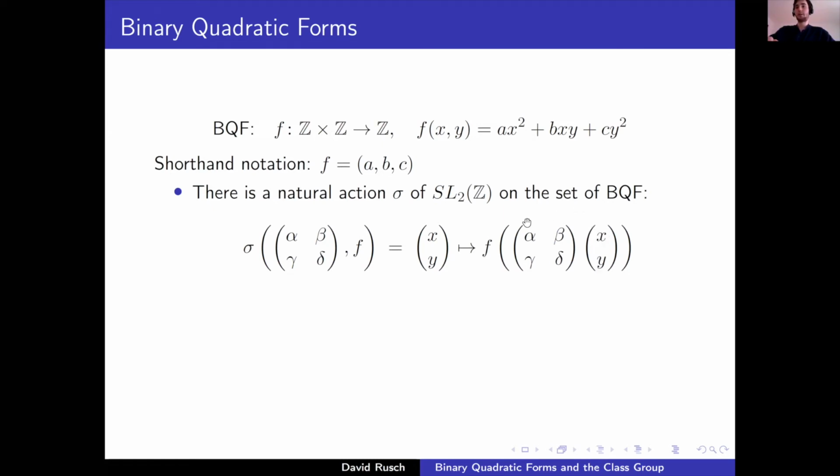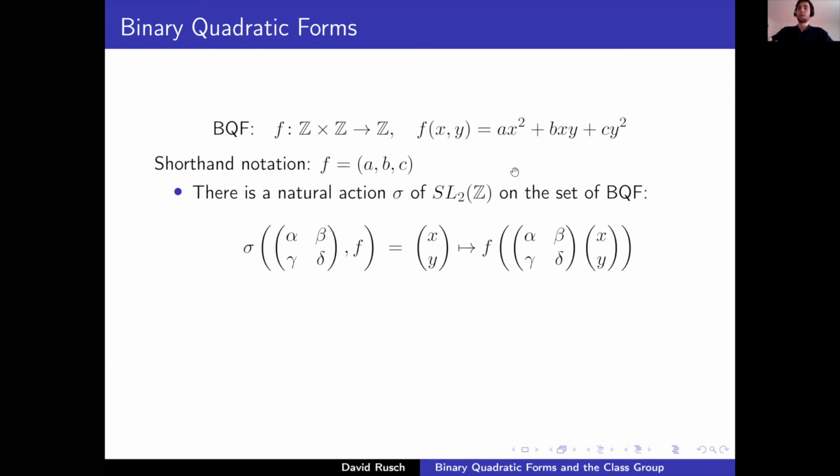So here it would be alpha x plus beta y and gamma x plus delta y instead of x and y. And if we do that here, we would get just some terms in x squared, some terms in xy, and some terms in y squared. And if we group those terms again, then we would get some new coefficients, a prime, b prime, c prime.